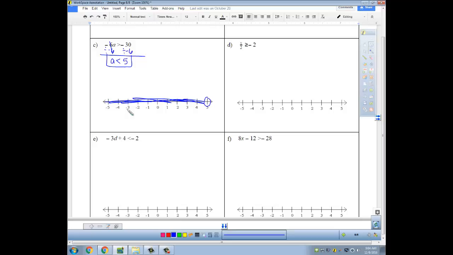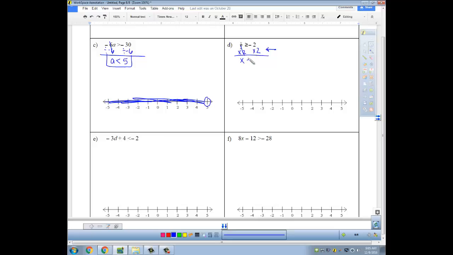Okay, part D, I have x over 2, which means x divided by 2. So I'm going to do the opposite and multiply both sides by 2. Now notice, even though this 2 right here is a negative, the 2 right here is not. So the number right by the variable is 2, and the number I wrote right here needs to be negative to flip the sign.